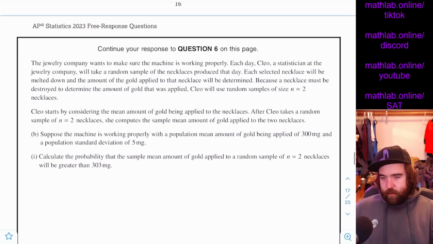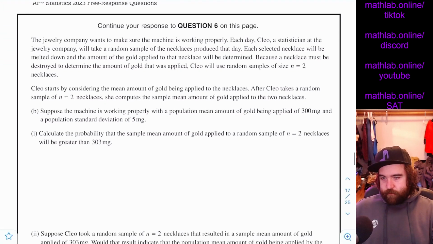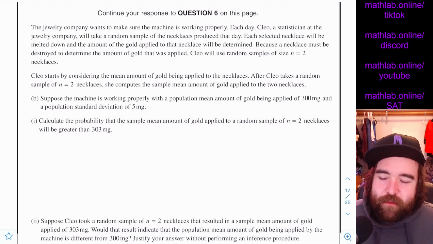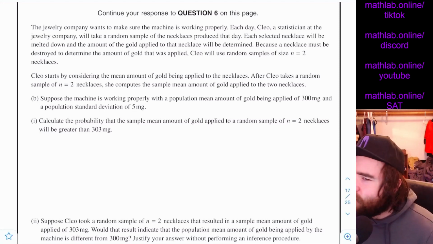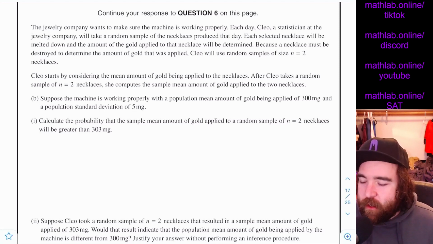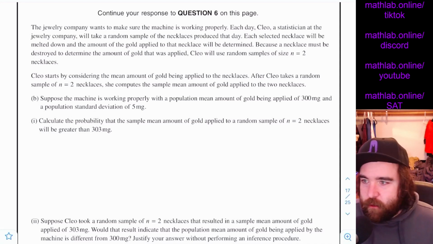What's the probability that the mean will be greater than 303? Can you even do that? Not sure how that's possible. Or am I just psyching myself out because I know this is supposed to be the hard question? It's just weird that it's a mean.